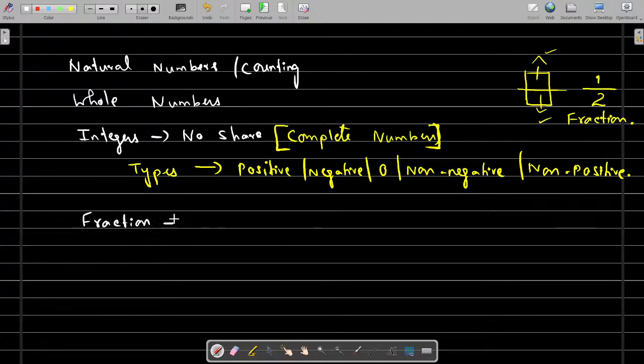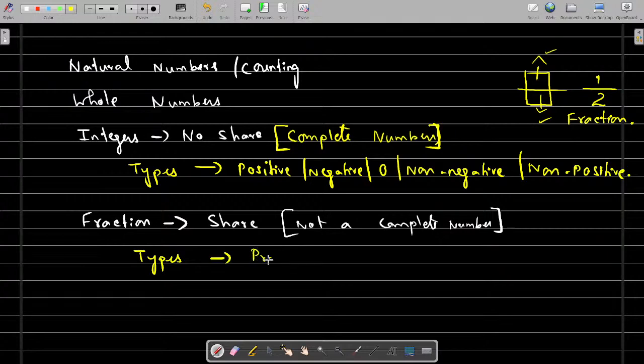And this fraction is sharing, or is not a complete number. Can we go for the types of fractions you know? What are the types of fractions you know?